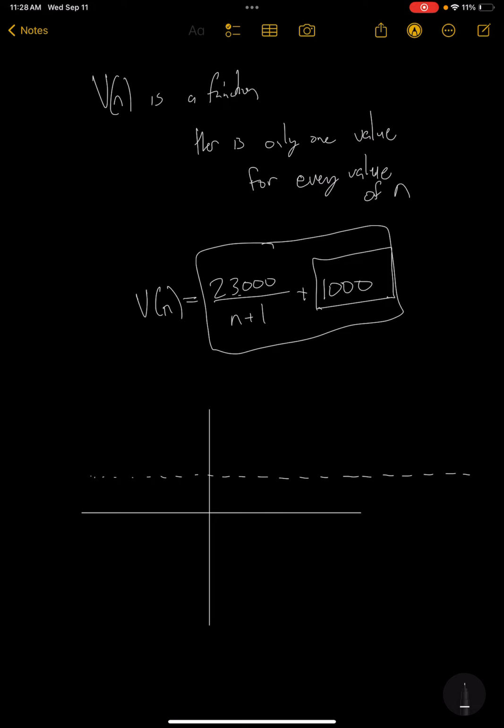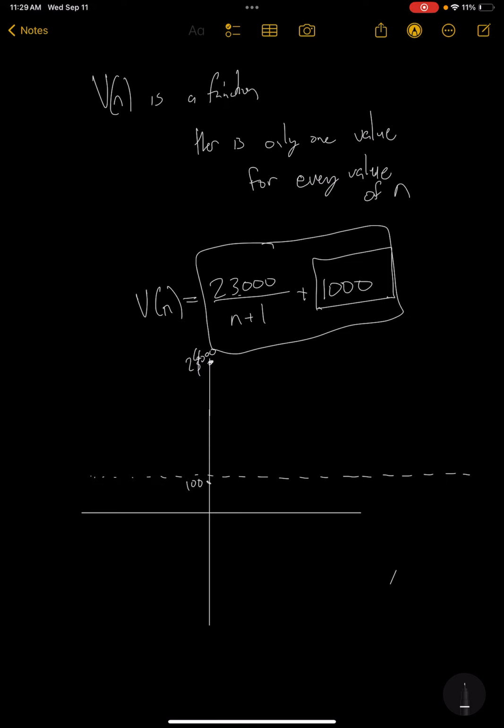At n equals 0, it's basically 1, so about 23,000, no, 24,000 with the 1,000.